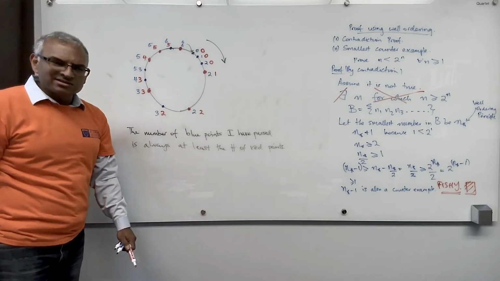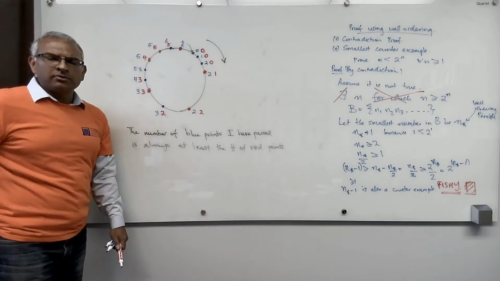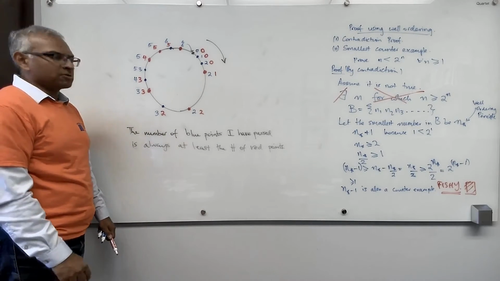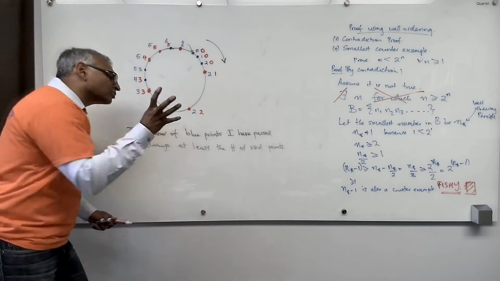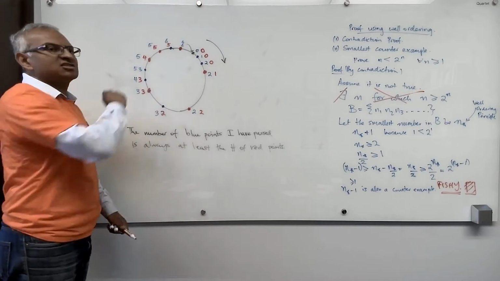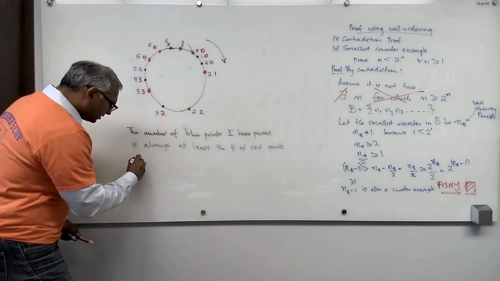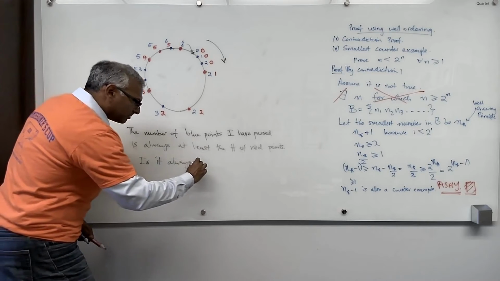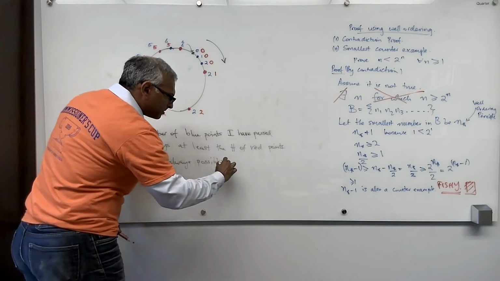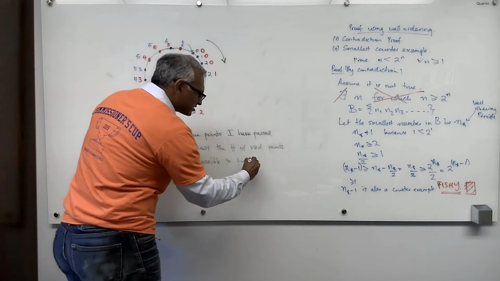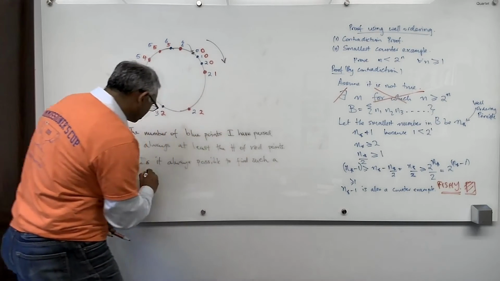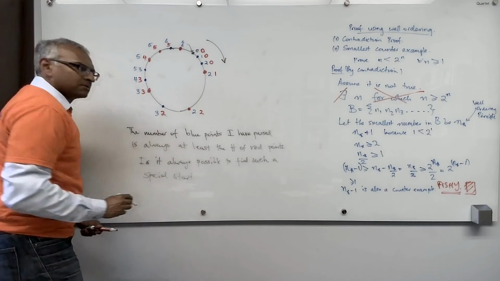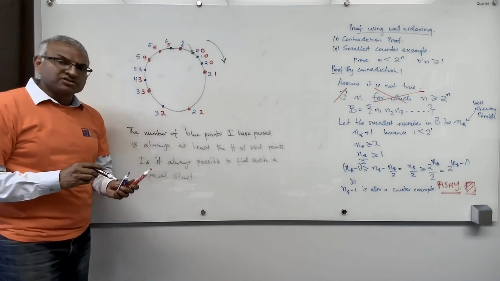And so the question is, no matter how you arrange the red and blue points, and no matter how many red points there are, providing there are as many blue points, is it always possible to find such a special starting point? Turns out the answer is yes.